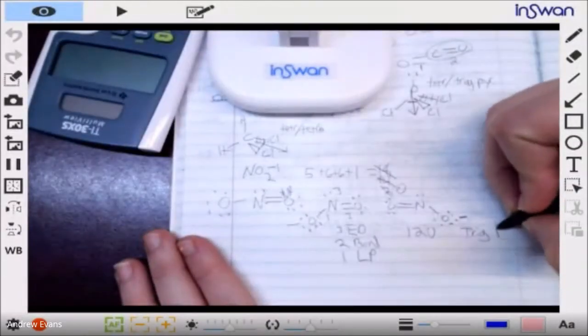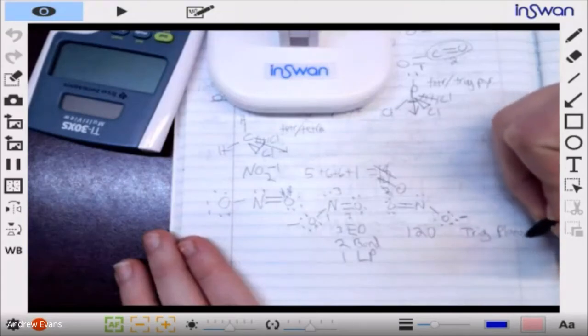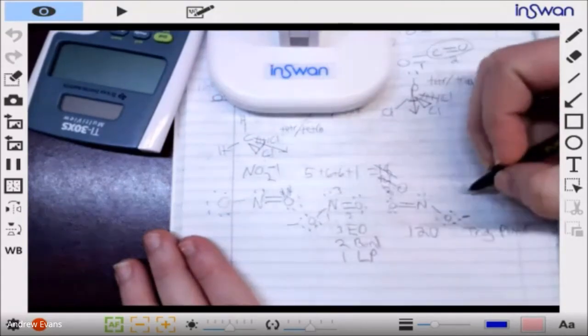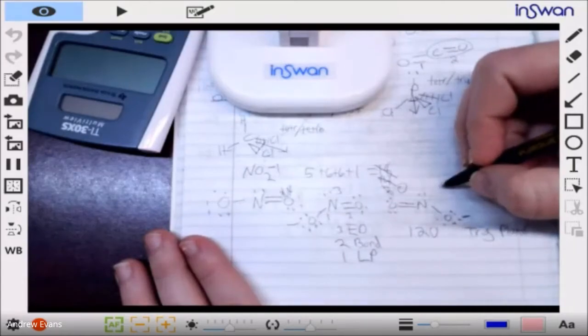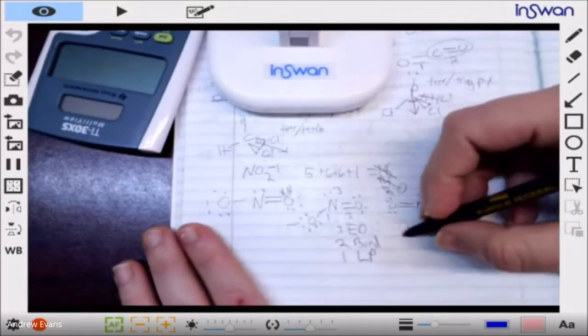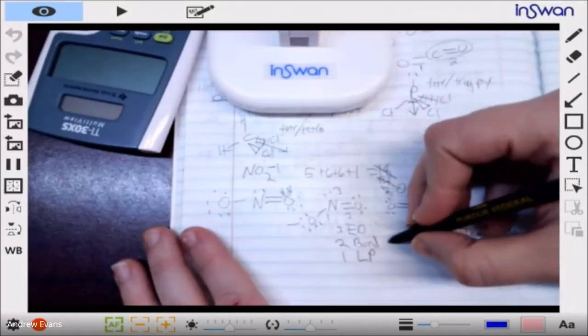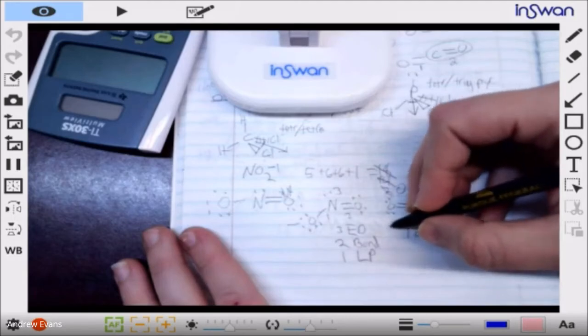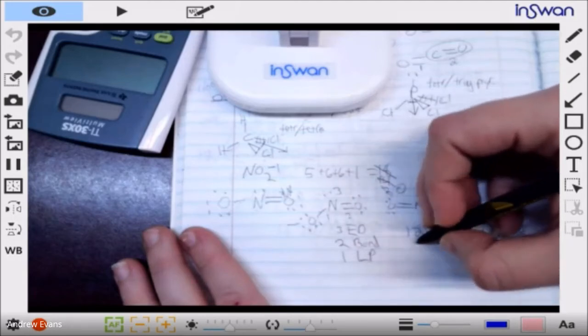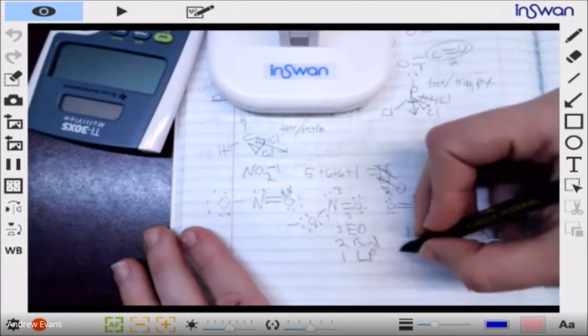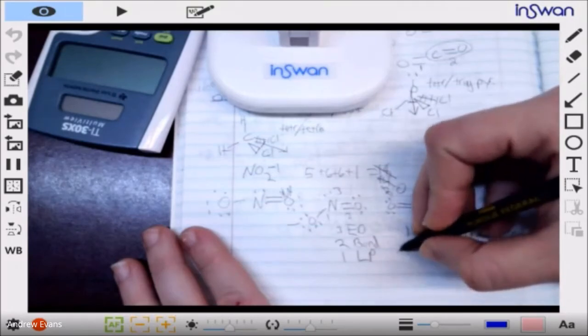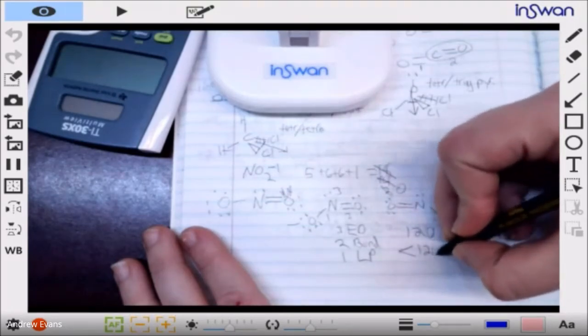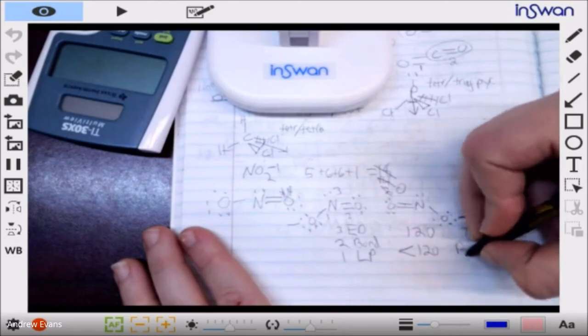Those 2 things go together because of the nature of trigonal planar. That's the ideal, the perfect thing. But because it has 2 bonds and 1 lone pair, the actual number is going to be less than 120. And because of that, it's going to be bent.